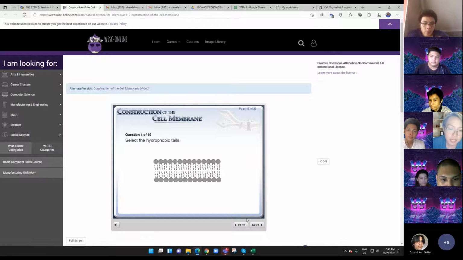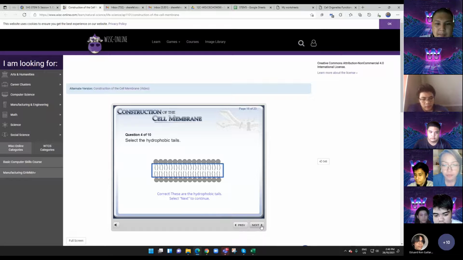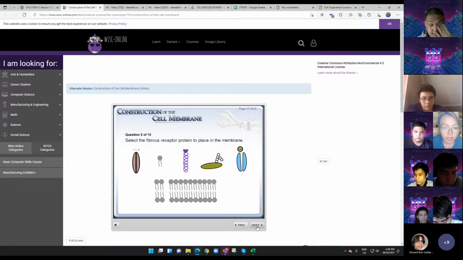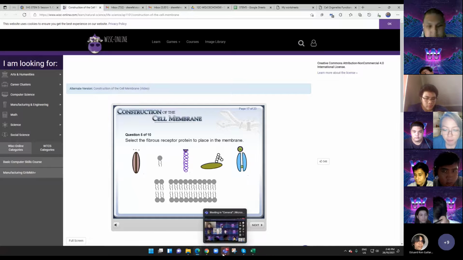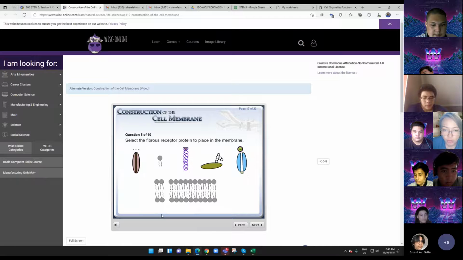Next, asa dinhi ang malyo, ang hydrophobic? Ang kananas mga center, ma'am. Okay, good. Next, select the fibrous receptor protein to place in the membrane. Asa din dapit, Elisario, ang fibrous receptor protein? Third one, ma'am. Third. Good.